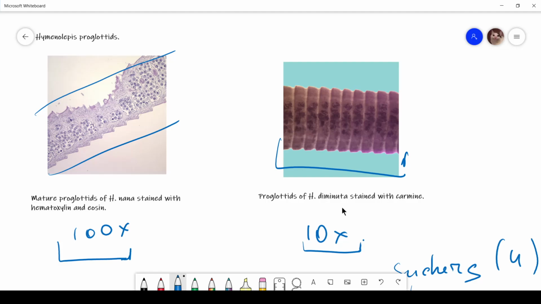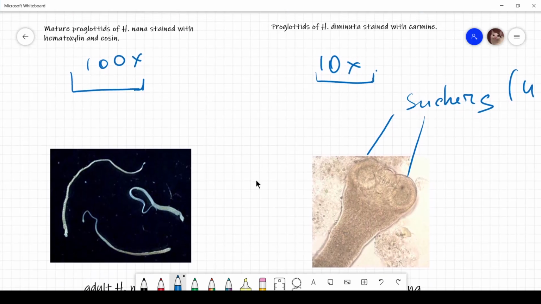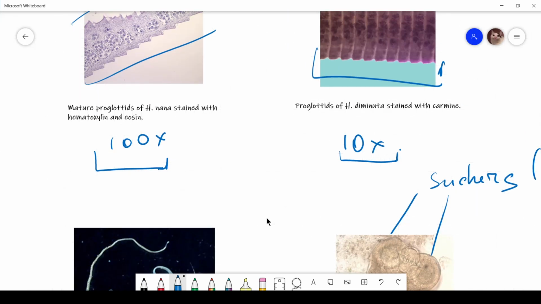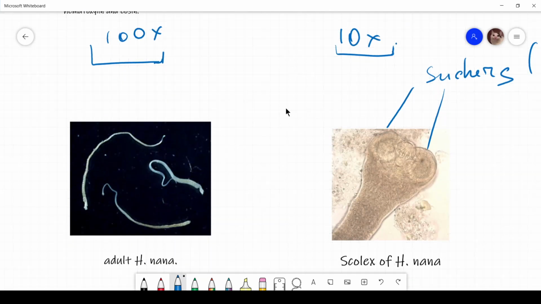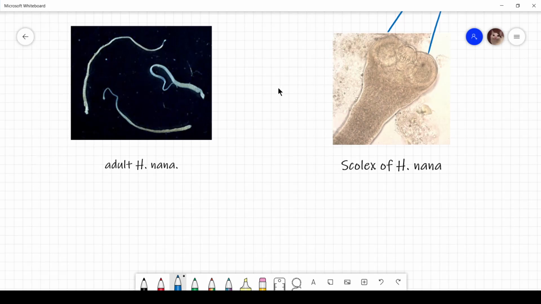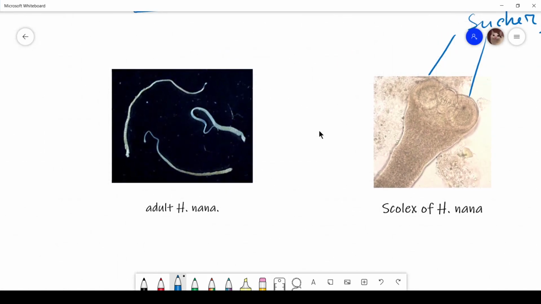It is not so big, but it is a big worm. Not bigger than, for example, other worms, flatworms.